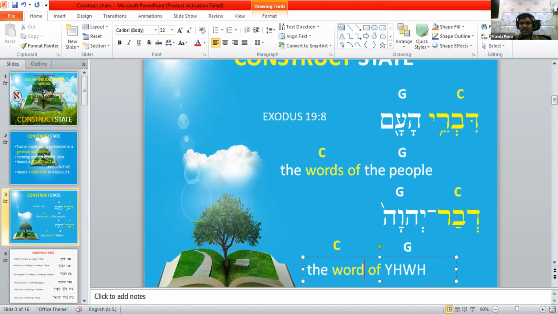Now see here, this devar is masculine singular, so Yahweh is also masculine singular. And also note that in the English translation, this "of" is the mark of this genitive relationship.